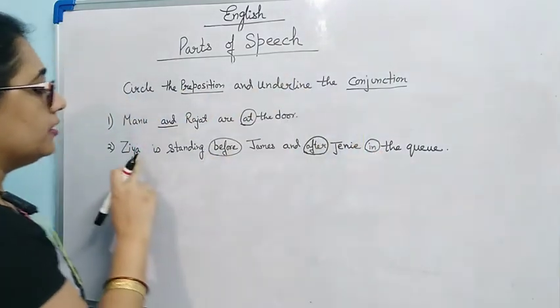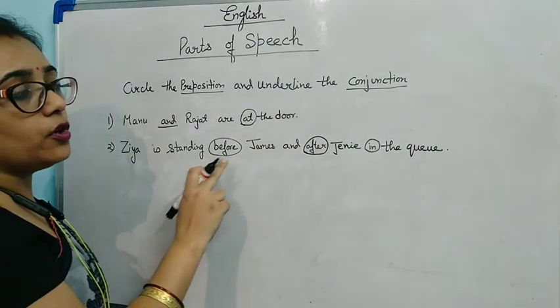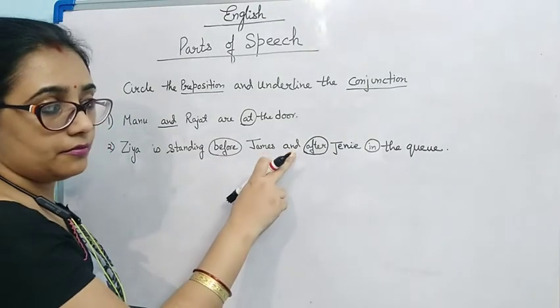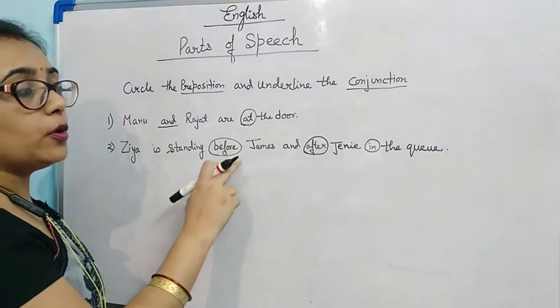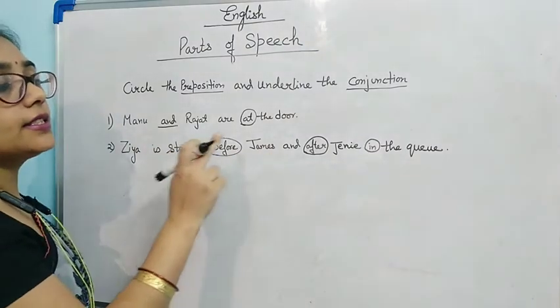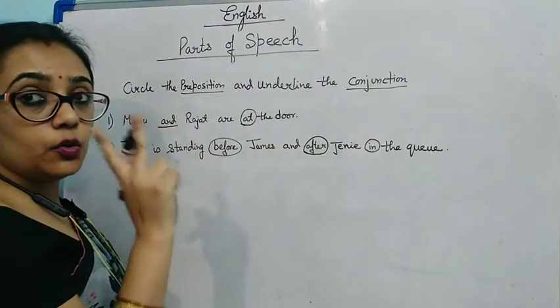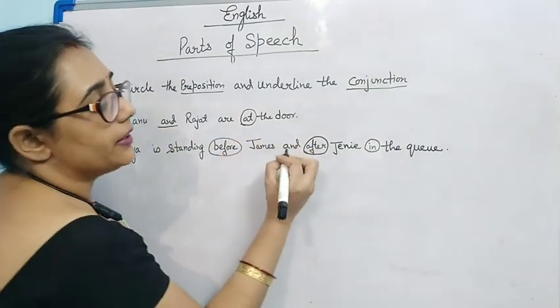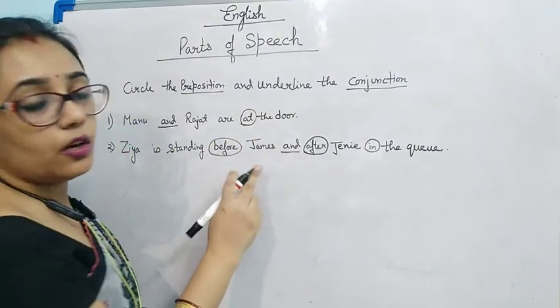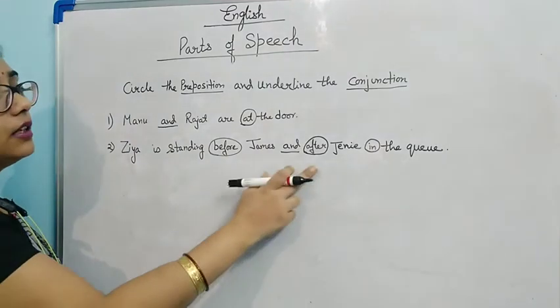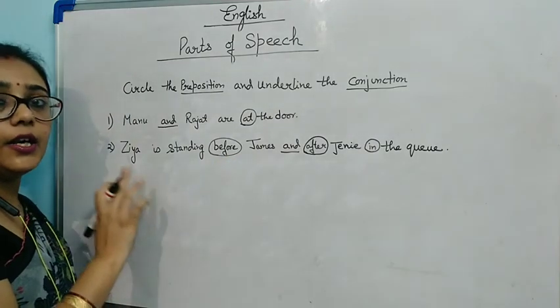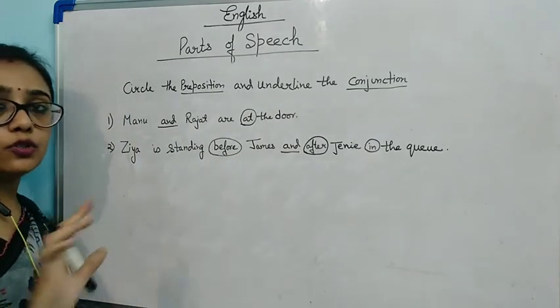Now, conjunction. Zia is standing before James and. Zia is standing before James. Zia is standing after Jenny. Two sentences are joined together by the word and. Okay. So, this is the conjunction and preposition, how you have to solve this.